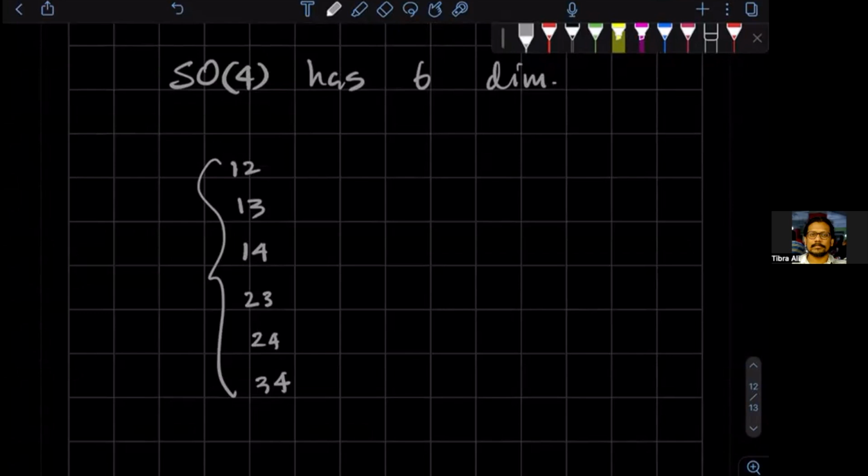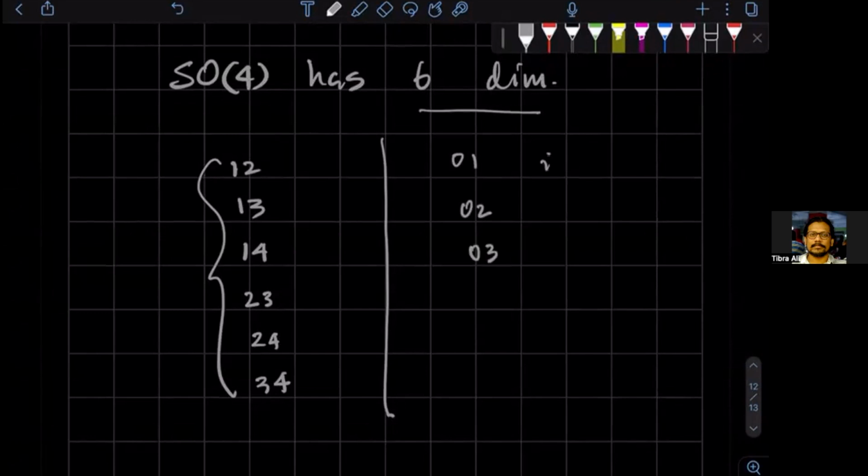And therefore SO(4) has 6 dimensions. In the case of special relativity, we can think of time as the 0th dimension. So we have quote-unquote rotations in the 0,1 direction, 0,2 direction, 0,3 direction.